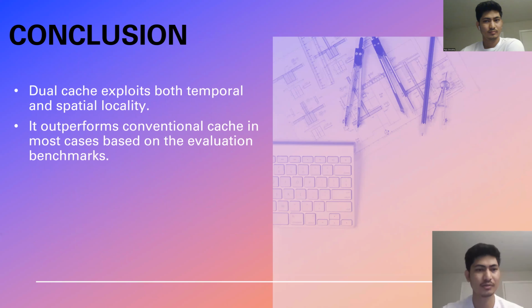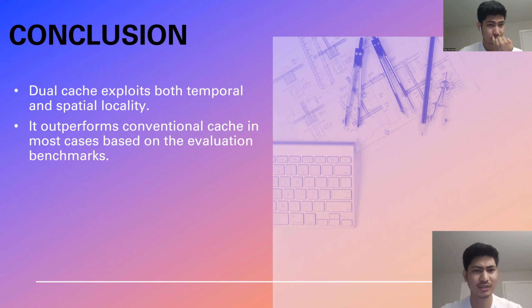Talking about the conclusions, dual data cache is a novel design with two subcaches, the temporal and the spatial caches. The temporal cache has very short lines to exploit data that only exhibits temporal locality, whereas the spatial cache has longer lines to better exploit spatial locality.